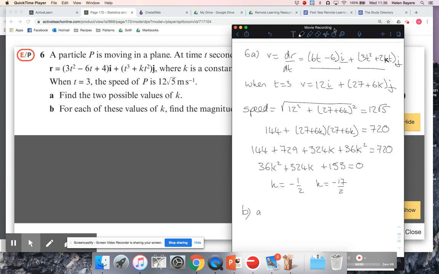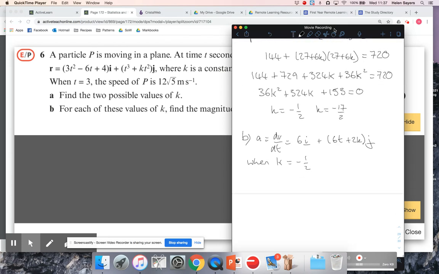Acceleration is the differential of the velocity, so I need to differentiate that. 6t minus 6 differentiates to 6, 3t squared differentiates to 6t, and 2kt differentiates to 2k, and I've got two different values of k. It's a bit of a faff that we've got to do it twice.